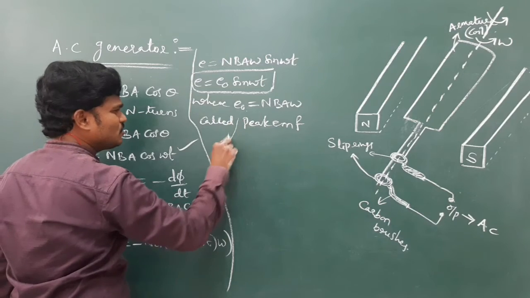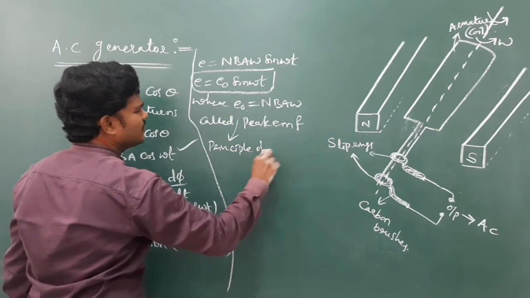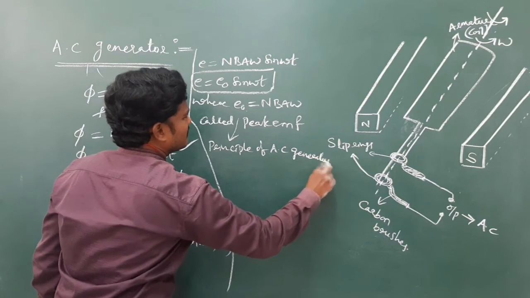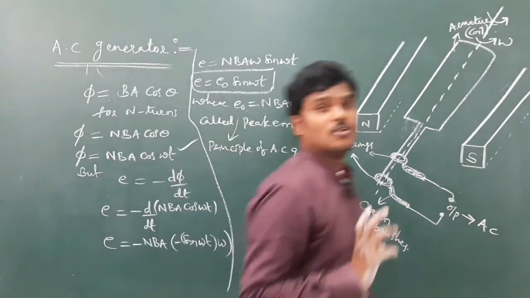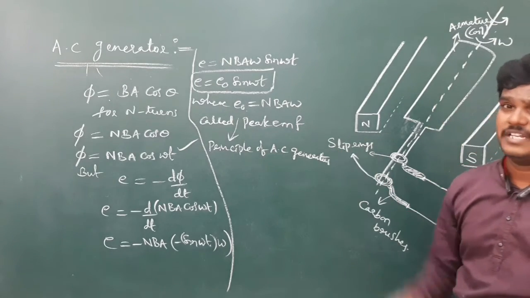This is also called the principle of AC generator. NBA omega is the principle of AC generator, or the peak EMF.